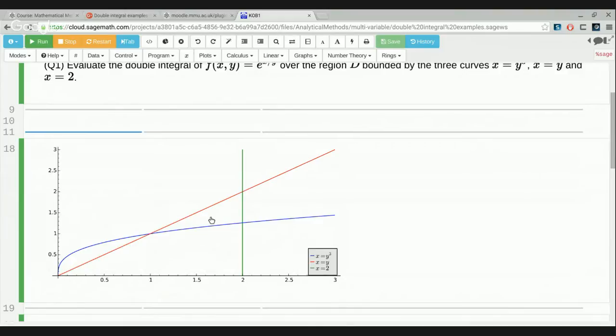So we're integrating first for y between 1 up to the cube root of 2, and that's the red shaded region here. There, the x always begins at the value y, and it finishes at the value y cubed. And we're integrating e to the x over y dx dy.